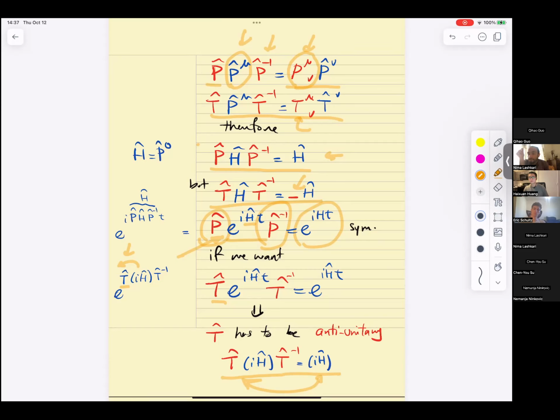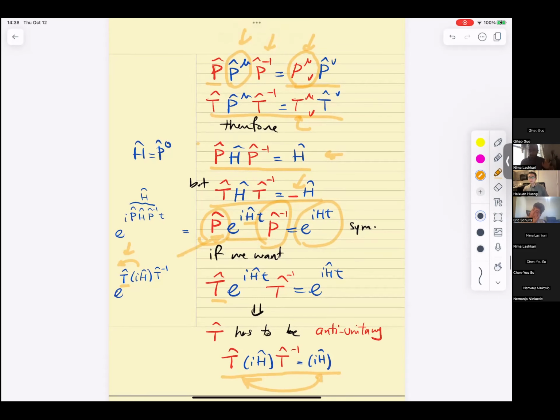It's perfectly consistent to pick a convention in which time reversal is unitary, but then your Hamiltonian is not going to be positive. There's a relative sign difference. If you pick the Hamiltonian to be positive, then time reversal is going to be anti-unitary. All right. So, any questions?